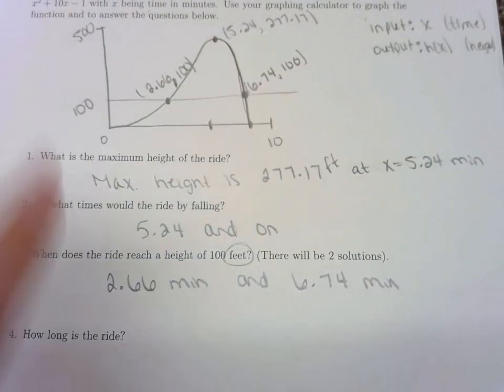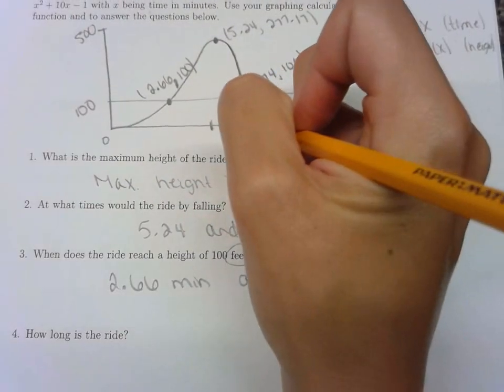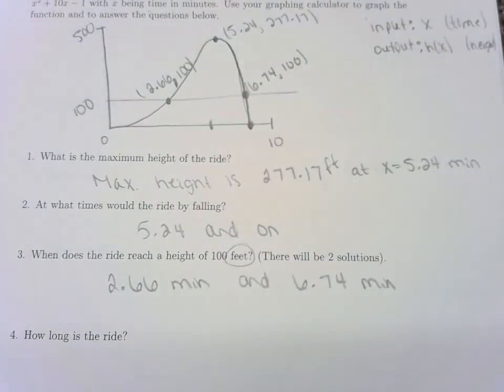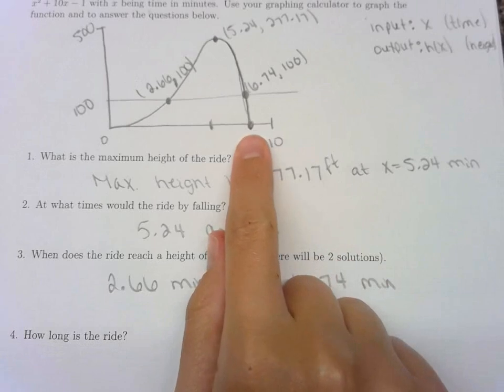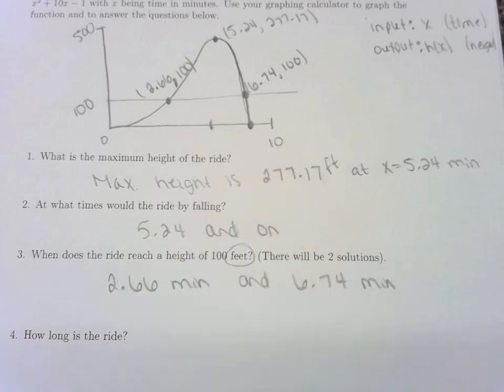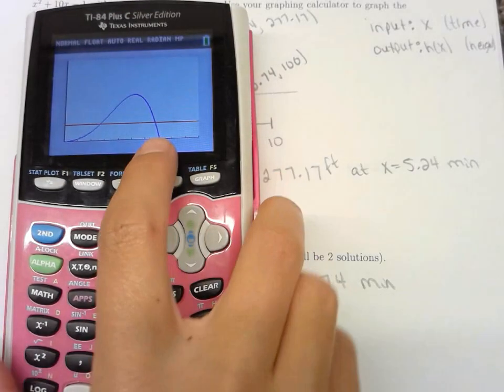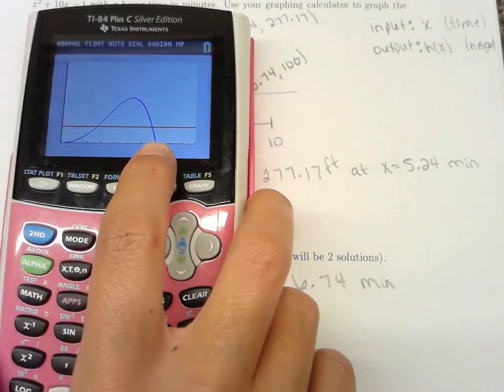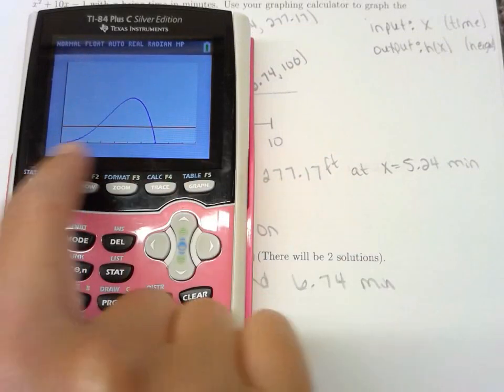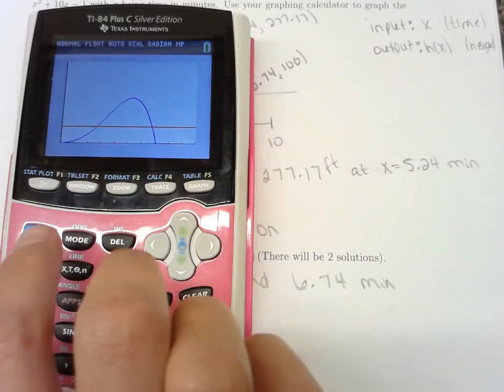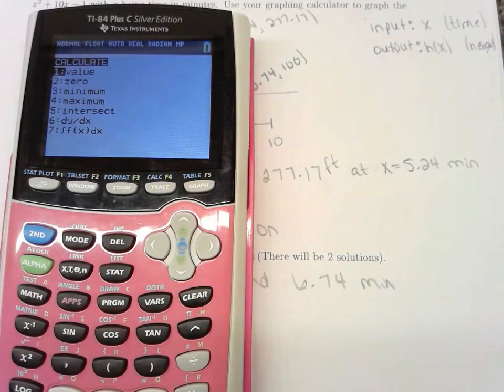Okay, and then number 4, how long is the ride? The ride ends as soon as you hit the ground here, so we need to find this point here. What we're going to do is use our calculator again. I'm going to come back up on the graph, and we want to find this point here. We could graph 0 and just do an intersect, but this is also the x-intercept.